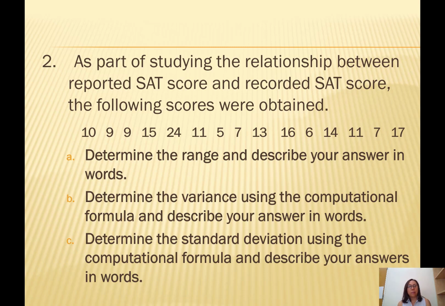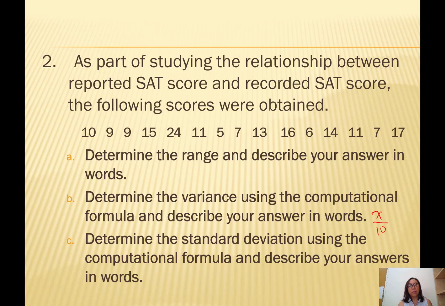And then in question B, it says, determine the variance using the computational formula and describe your answer in words. So remember that computational formula where we needed a total of all the data points, and also a total of all the squared data points, and then putting them into a formula to calculate the variance.